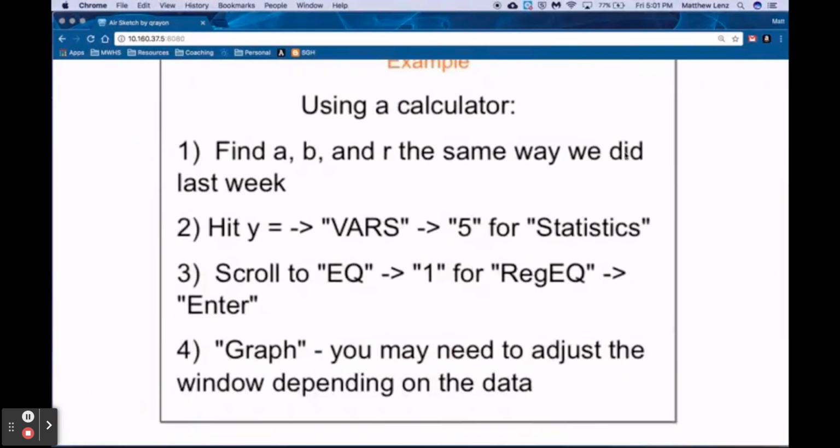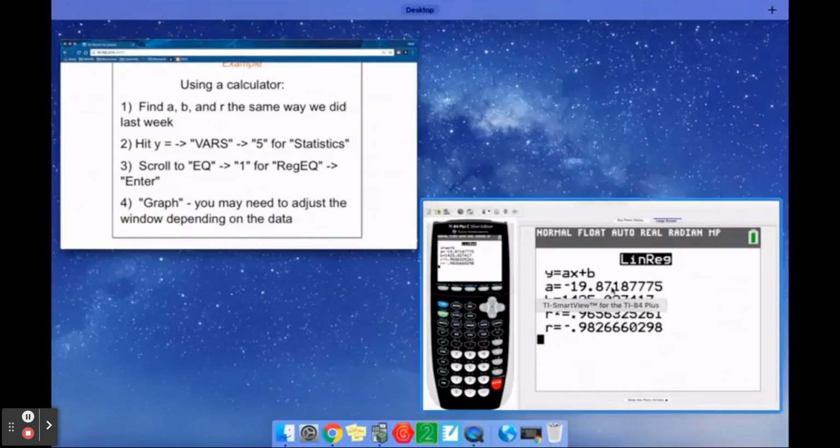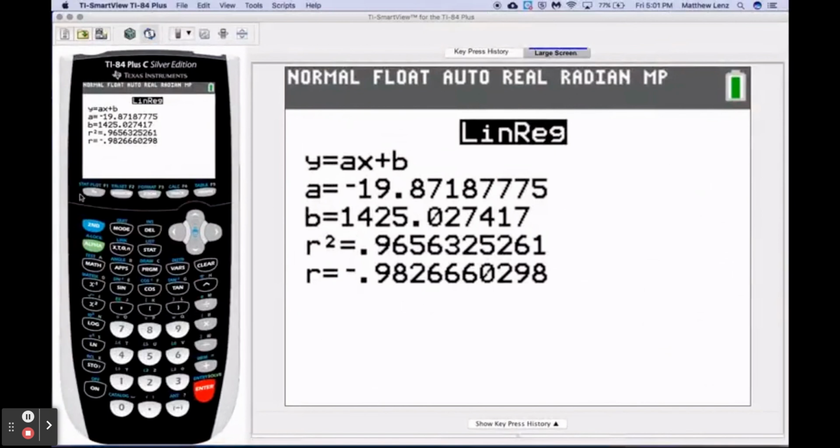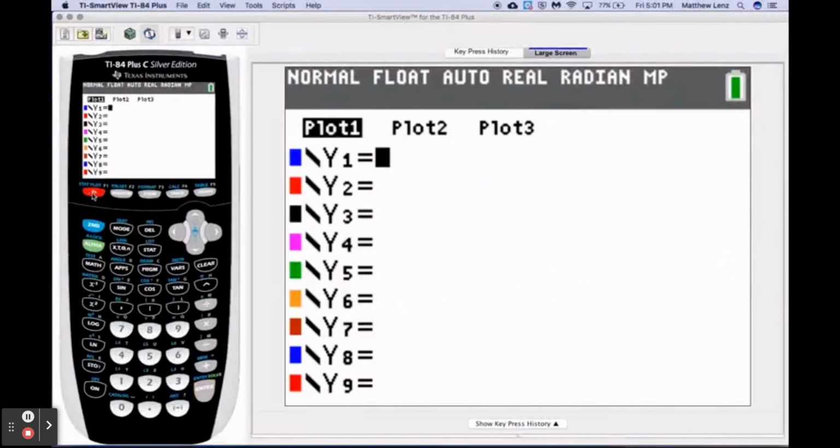It's written right here on your notes, but follow along as I do it here. It will allow you to graph the exact line that you need. Everything I'm going to do here is going to be written on your notes. If you go to y equals, clear anything out if for whatever reason something's there now. And go to vars, this button right here.